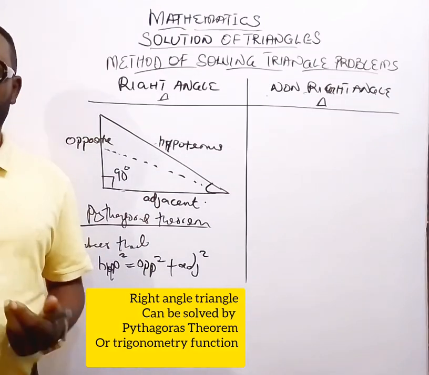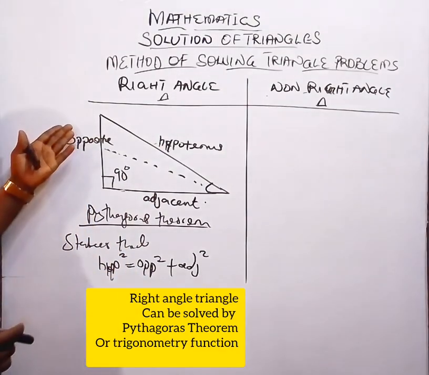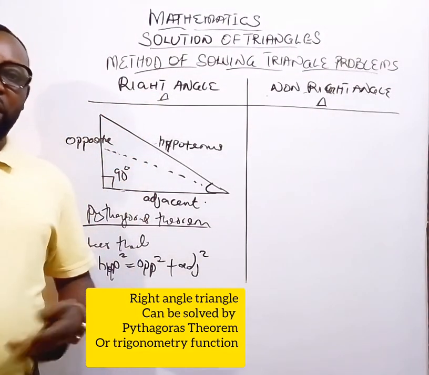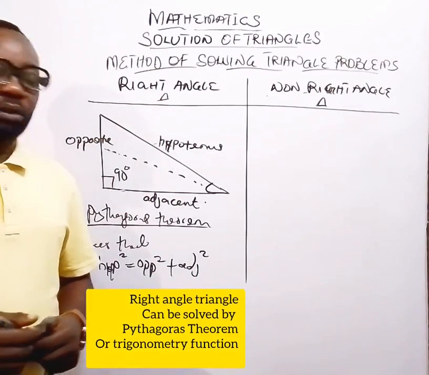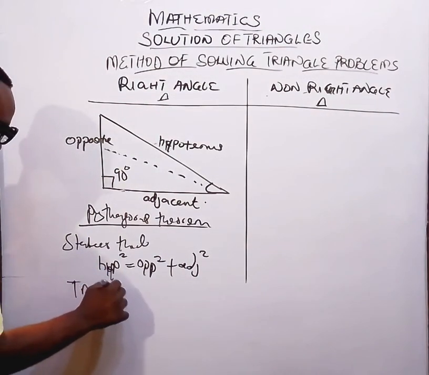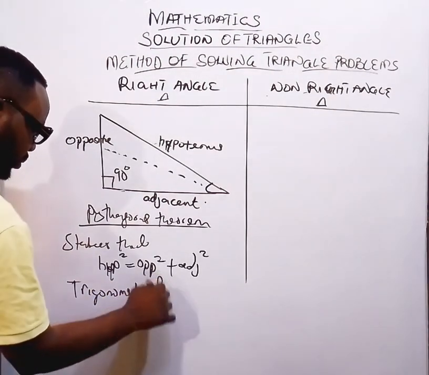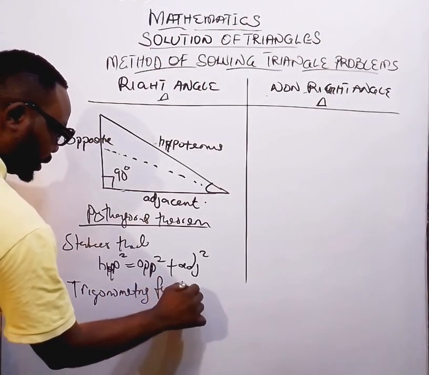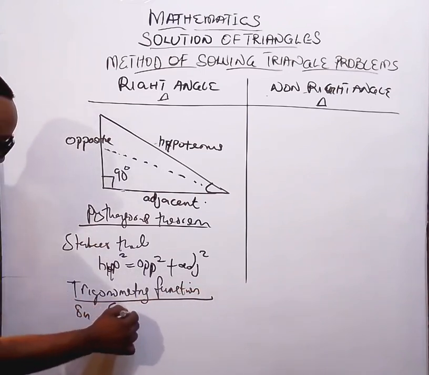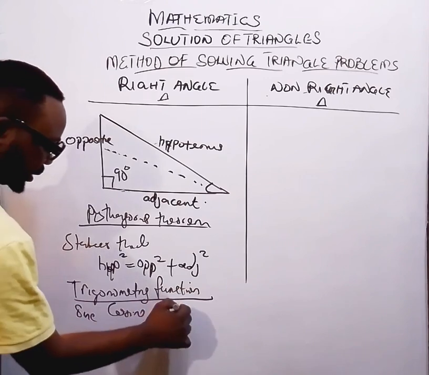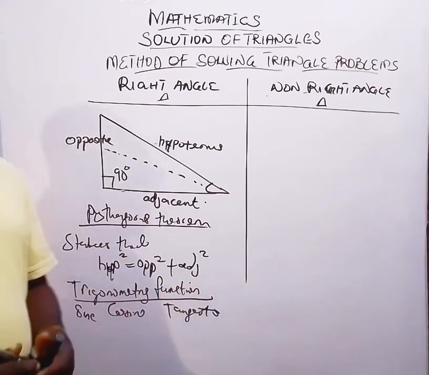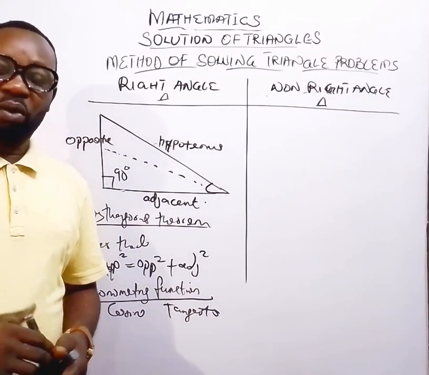Another method we can use in solving problem of right angle triangle is by the use of trigonometric functions. The trigonometric primary functions are the sine, cosine, and the tangent.